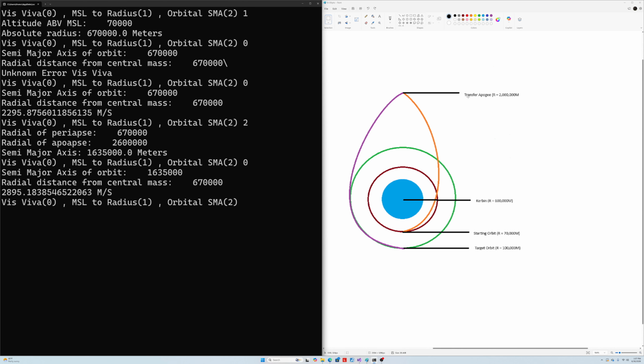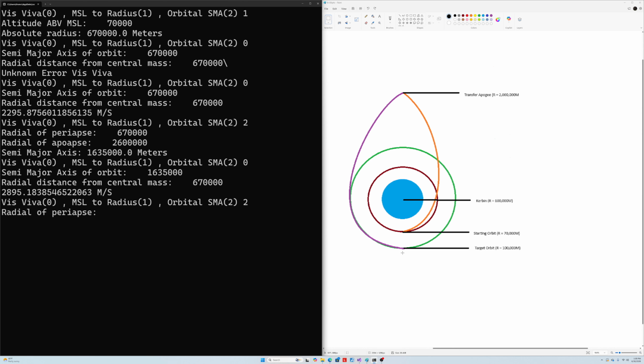The next step of the operation is to simply determine how fast we must be traveling all the way up here in order to have our periapsis extended to the altitude of our target orbit. In such case, you simply perform a very similar equation, but instead adjusting the periapsis of your semi-major axis from your starting orbit to your target orbit, meaning to say, we will simply perform a semi-major axis calculation.